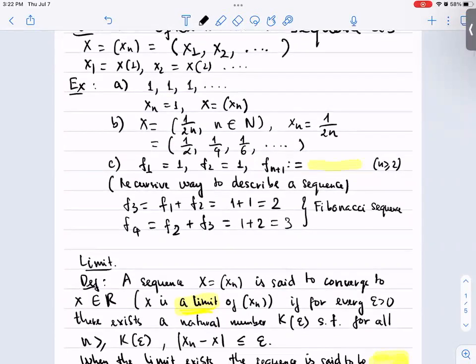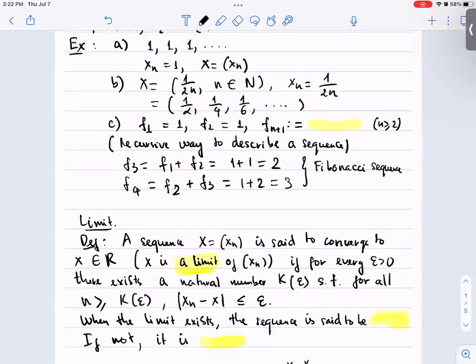For example, you have the sequence 1, 1, 1. Each element in this sequence is equal to 1. Then the general formula for this sequence is that xn is equal to 1. Now, another sequence is given as follows.